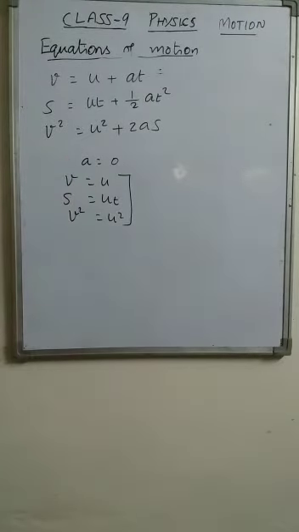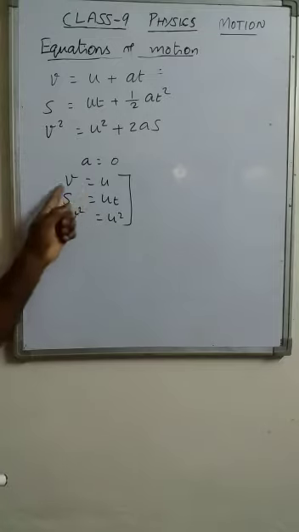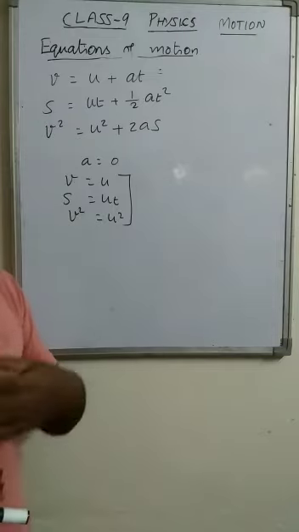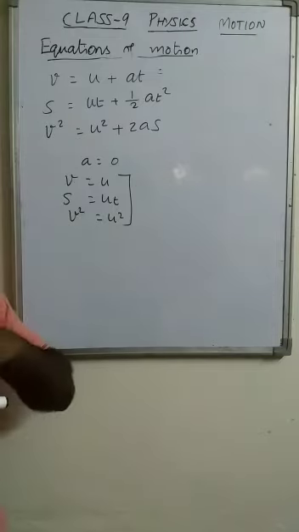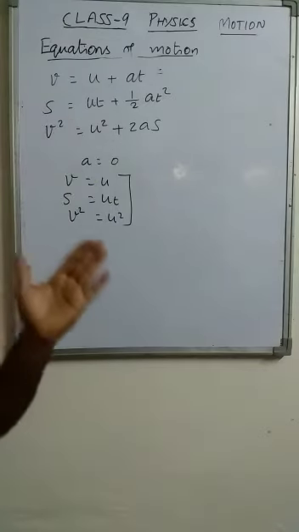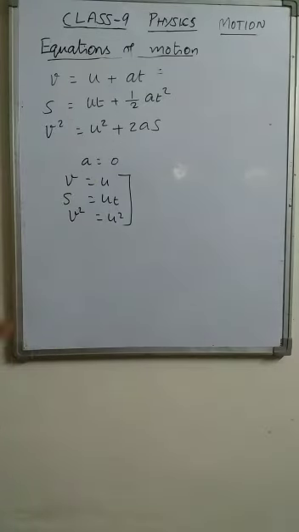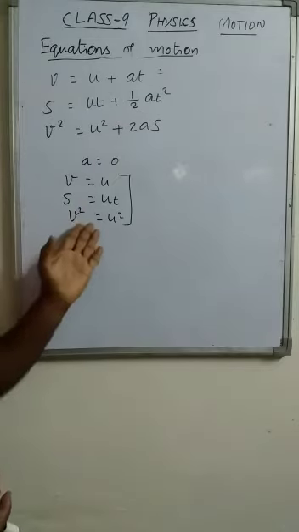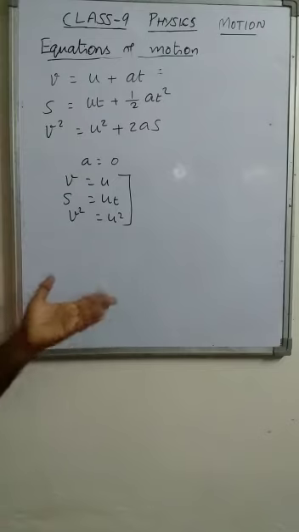That means these three equations can also be used for uniform motion. Here we say V equal to U, that means final velocity is equal to initial velocity. In this case, the object is in uniform motion. So these three equations can be used for uniform accelerated motion as well as for uniform motion.